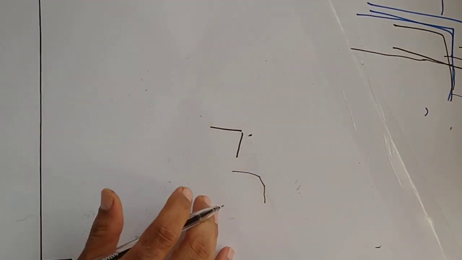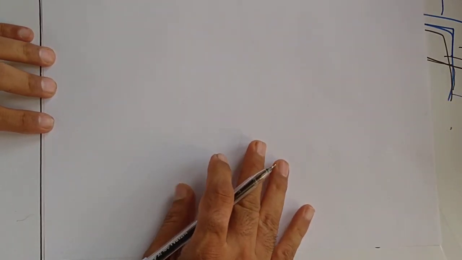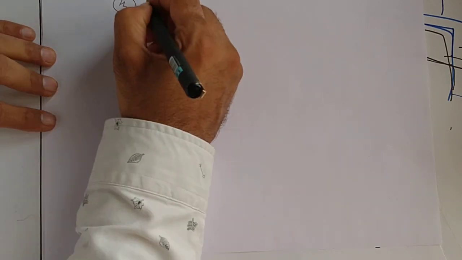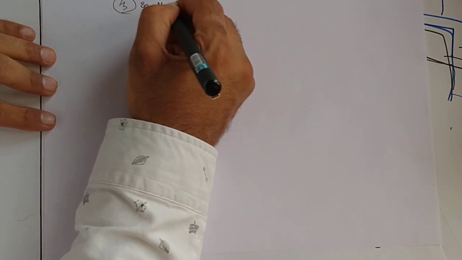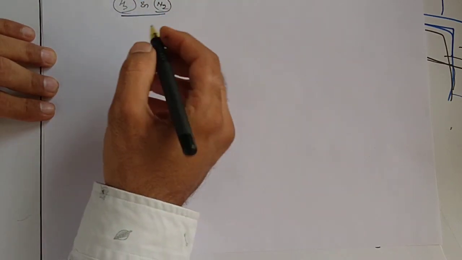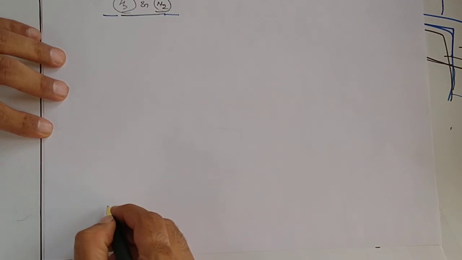So why this? I am giving you the chart for hydrogen to nitrogen in our syllabus. When two atoms are combining with each other, they form different molecular orbitals.